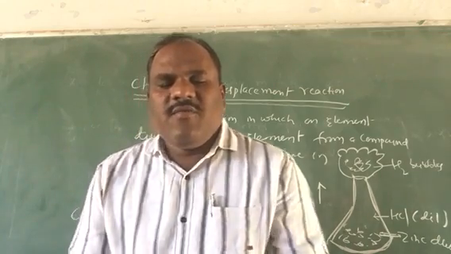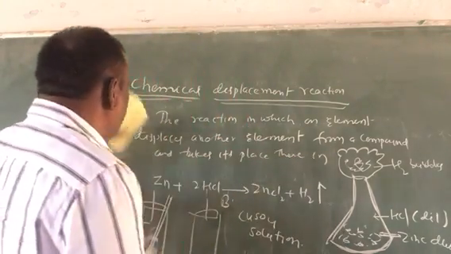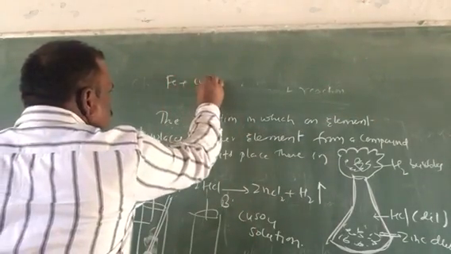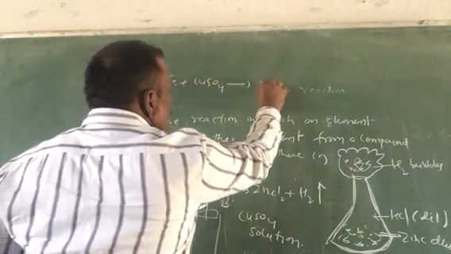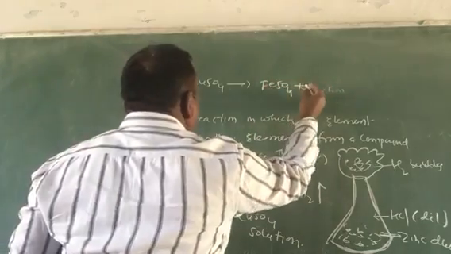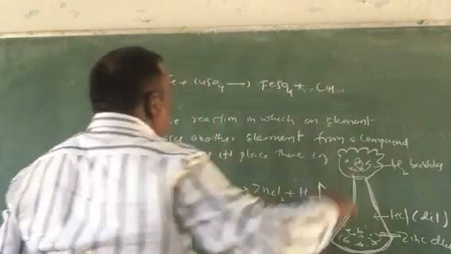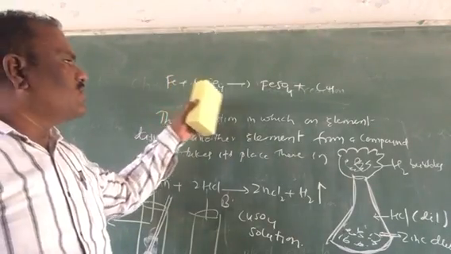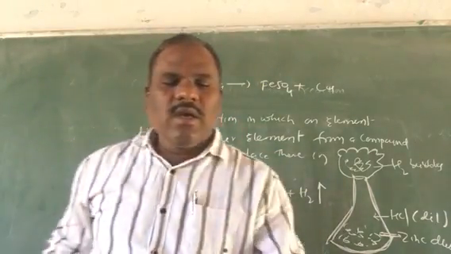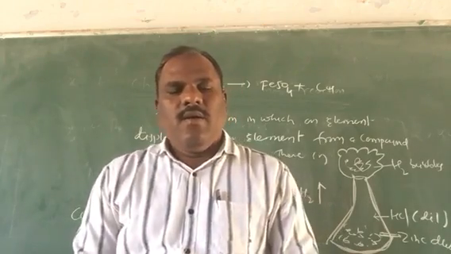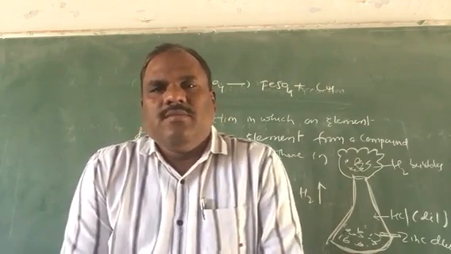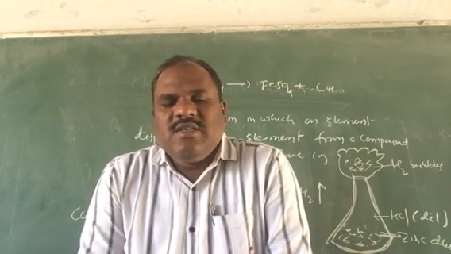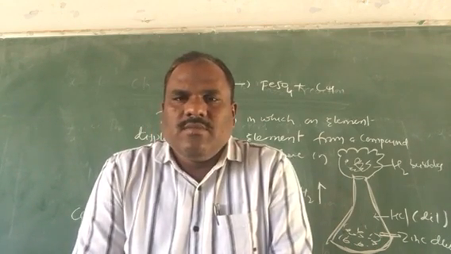The chemical reaction is: Fe + CuSO4 gives FeSO4 + Cu. Iron plus copper sulfate gives iron sulfate plus copper. So iron is more reactive than copper, and it displaces copper from copper sulfate. This is another example of a displacement reaction.